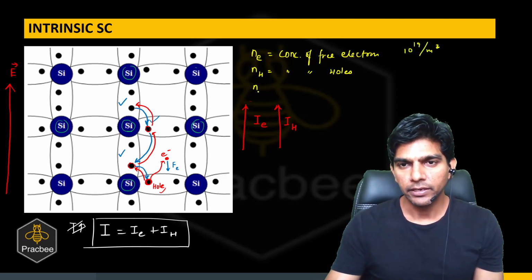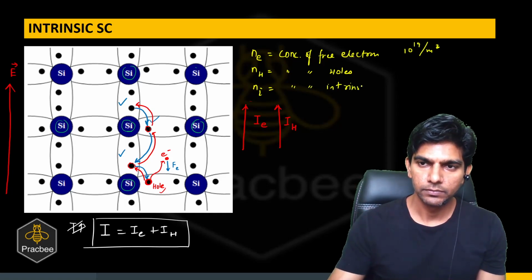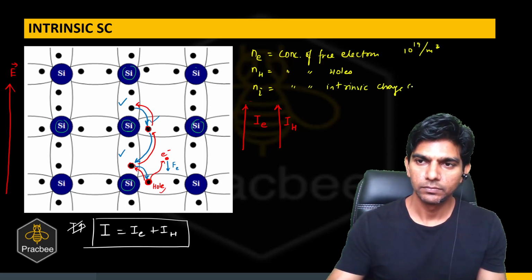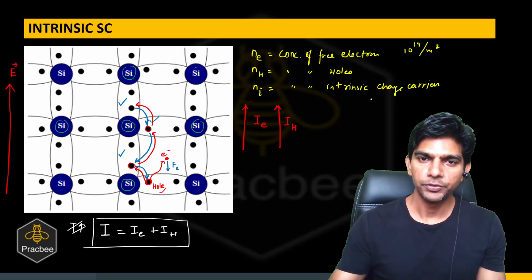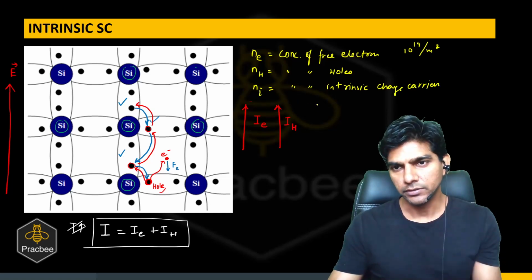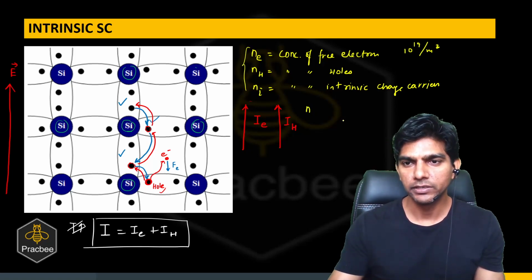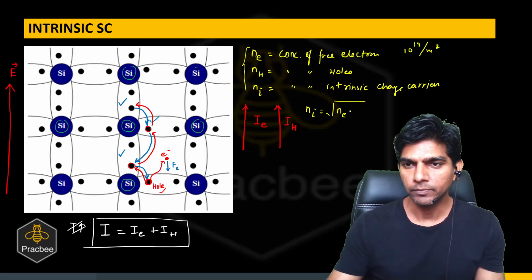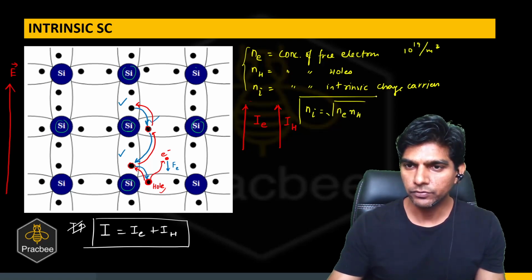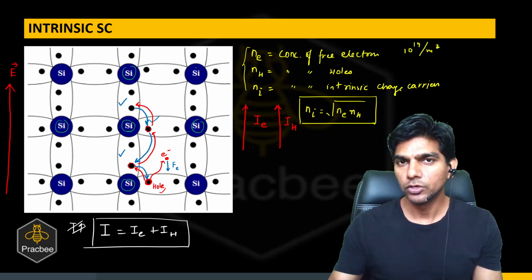And Ni is the concentration of intrinsic charge carriers. So in semiconductors, there is a relation between these three physical quantities: Ni is nothing but the square root of Ne NH. This relation we have to remember, and it is applicable whether we have a pure semiconductor or a doped semiconductor.